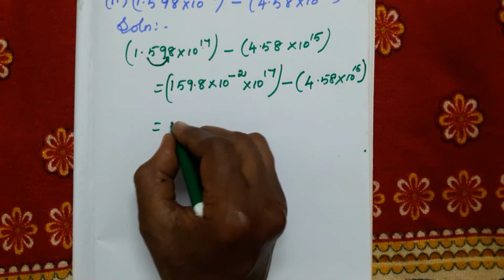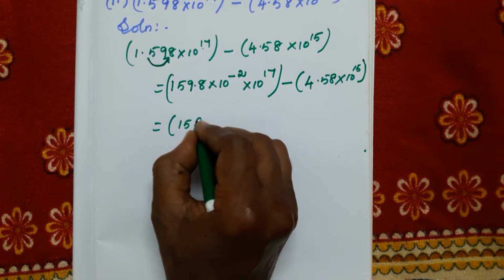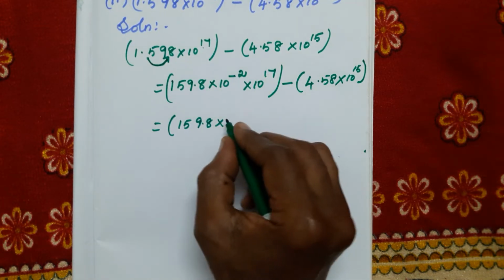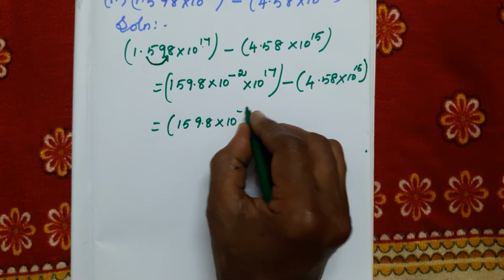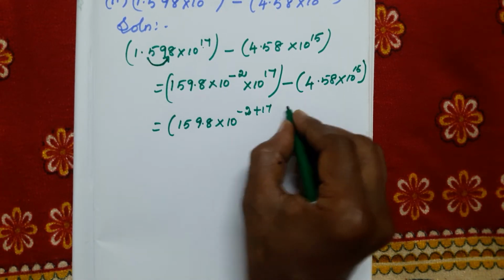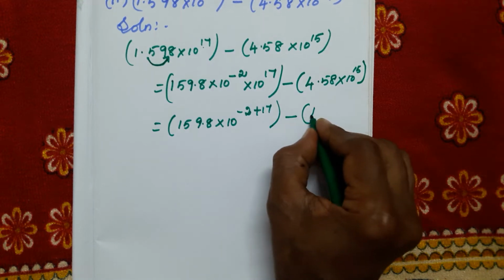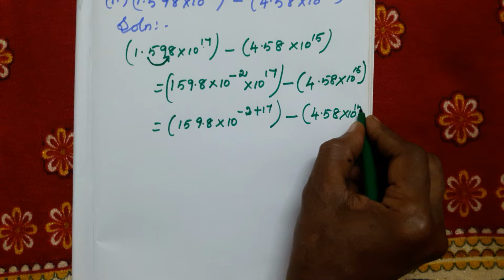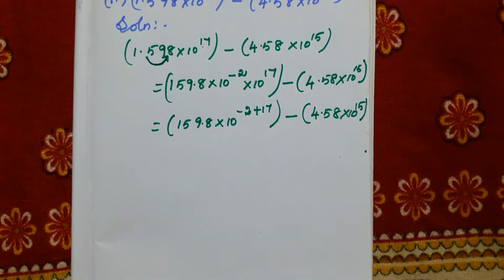So here 159.8 into, when we are adding, what will we get? 10 power minus 2 plus 17, minus 4.58 into 10 power 15. Is it clear?